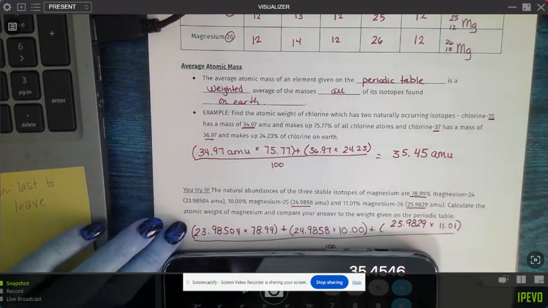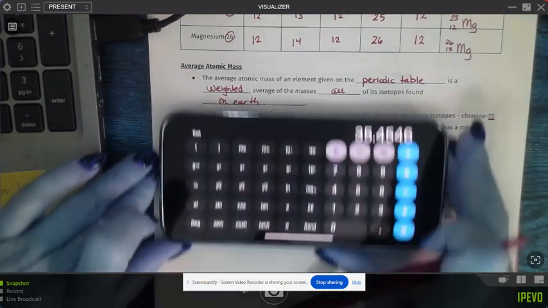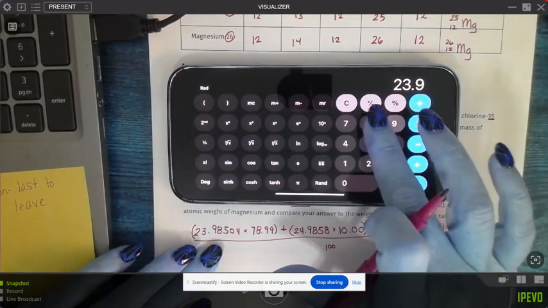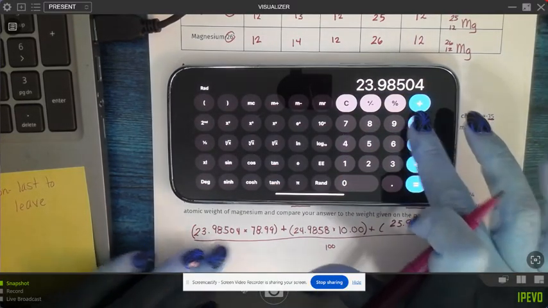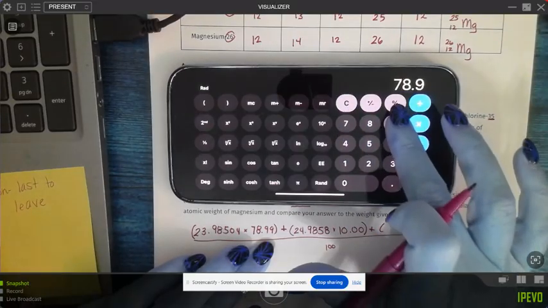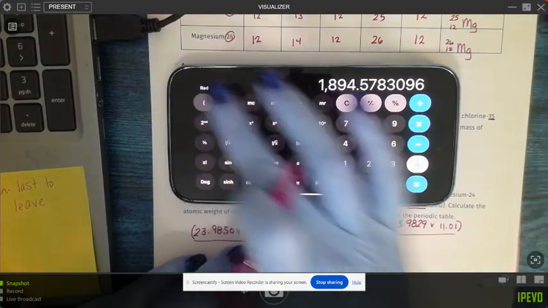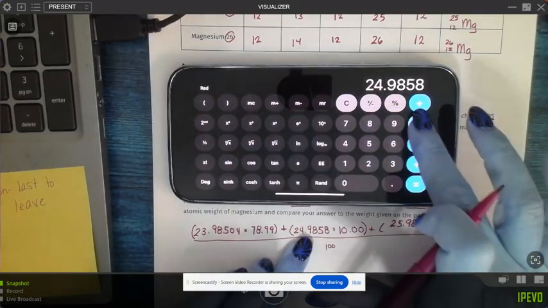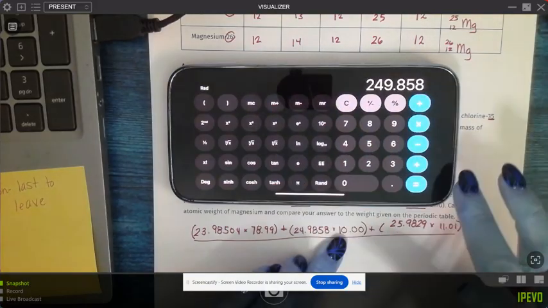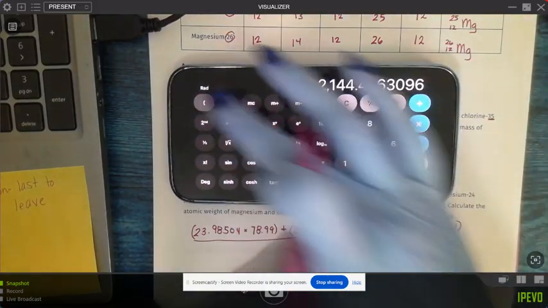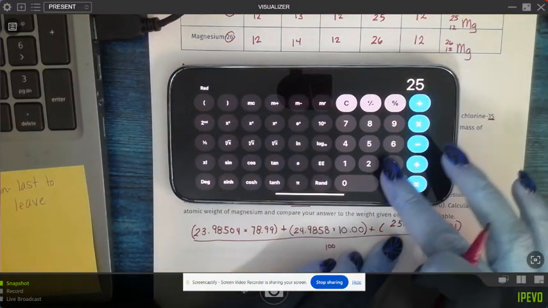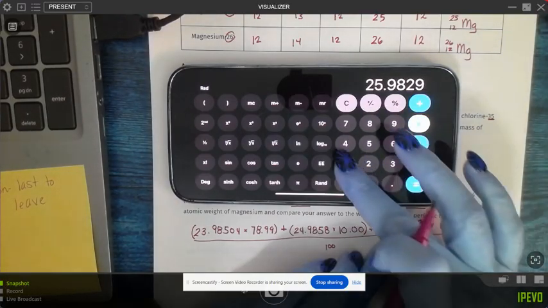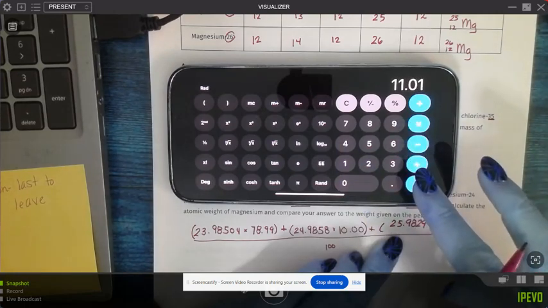All right, so let's see. Let's see if I can move this up here. Here we go. 23.98504 times 78.99 plus 24.9858 times 10 plus 25.9829 times 11.01.